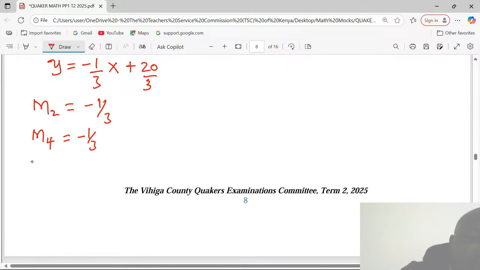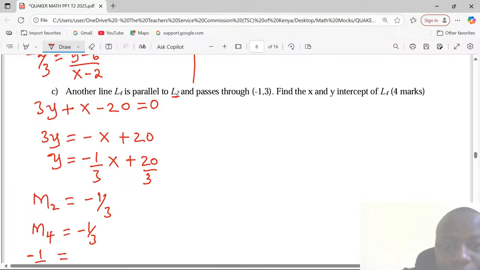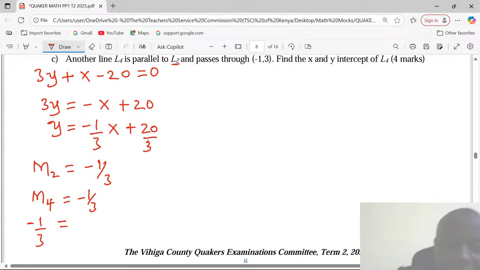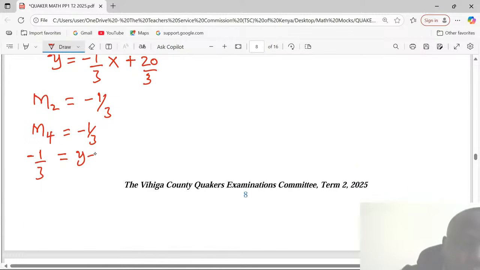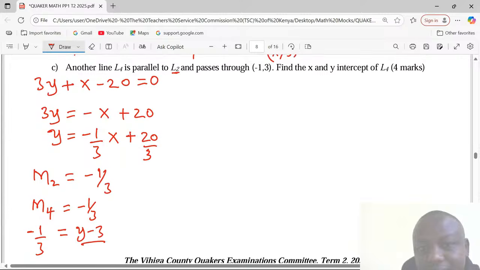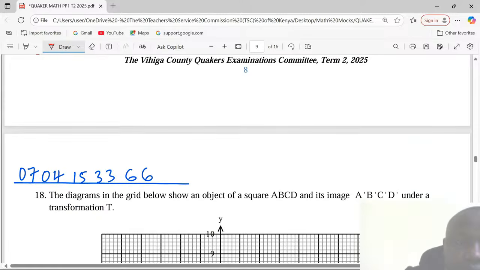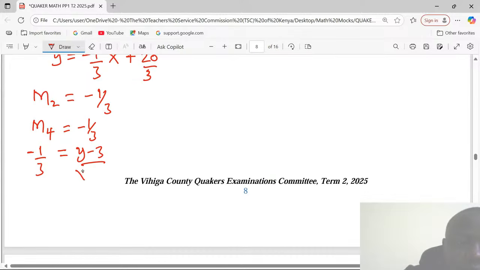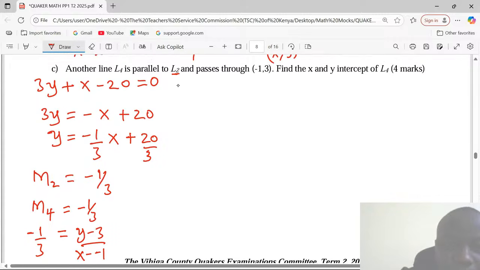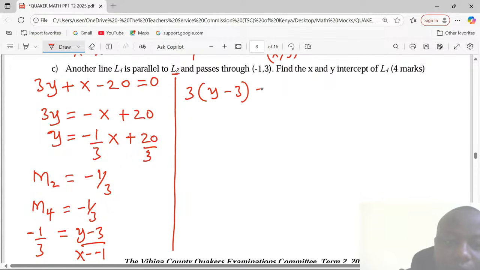So -1/3 equals change in y, y minus 3, over change in x, x minus negative 1. At this point we can cross multiply. So this is 3 into (y minus 3) equals negative 1 into (x plus 1).